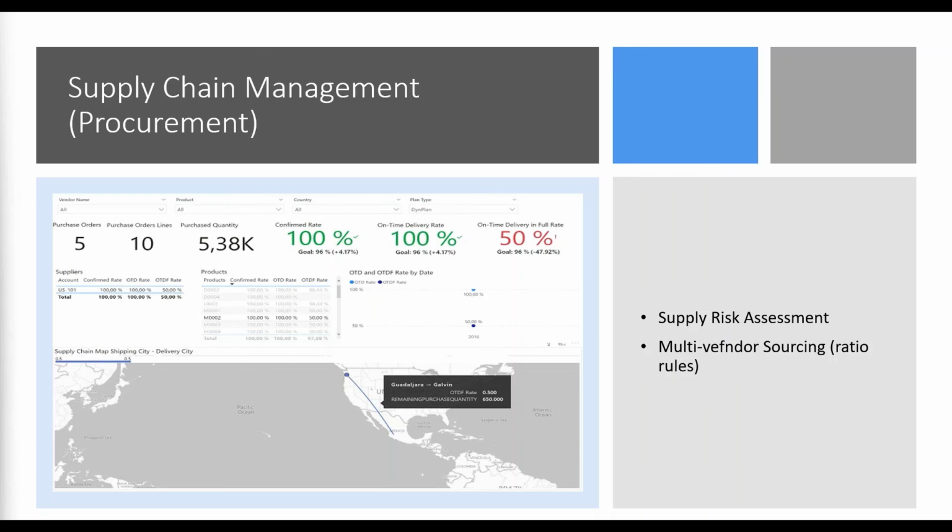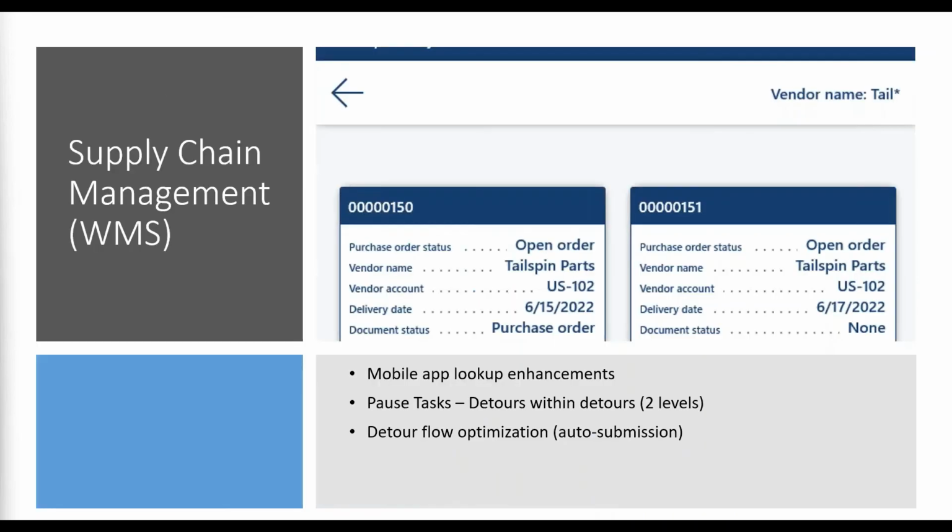And planning optimization, not master planning, takes this into account so that when it generates those planned orders, the multi-vendor sourcing rules that are set up are respected. So this is a welcome feature, I think, for most of us in the supply chain environment.